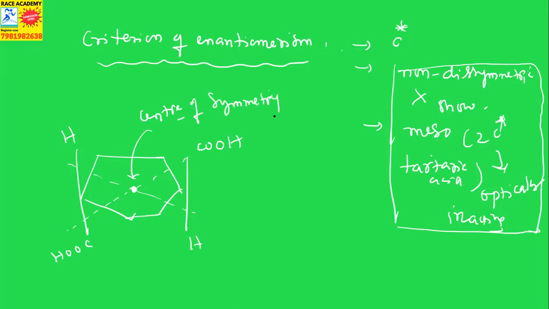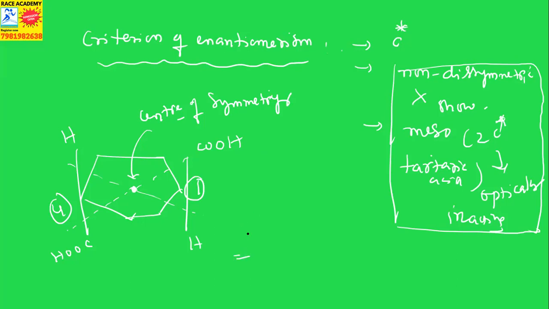When there is a center of symmetry, this entire compound, trans-cyclohexane 1,4-dicarboxylic acid, is optically inactive.